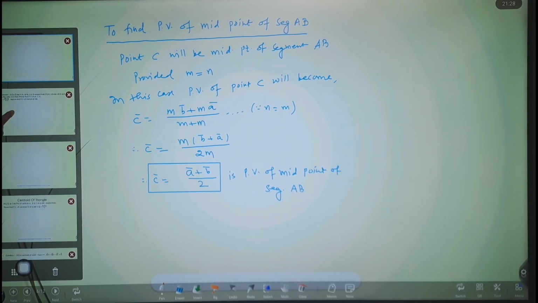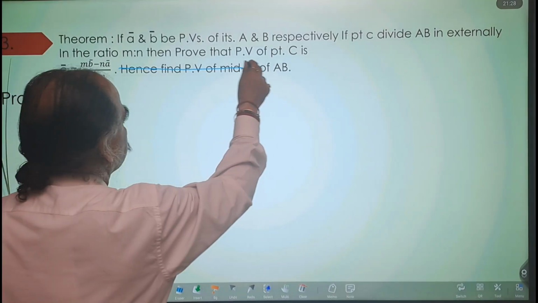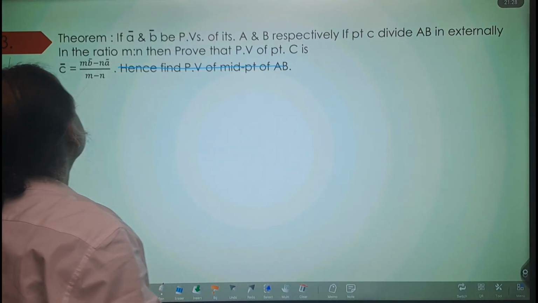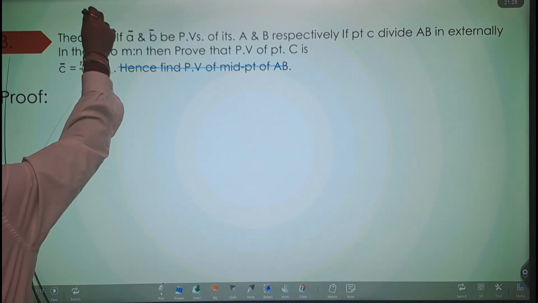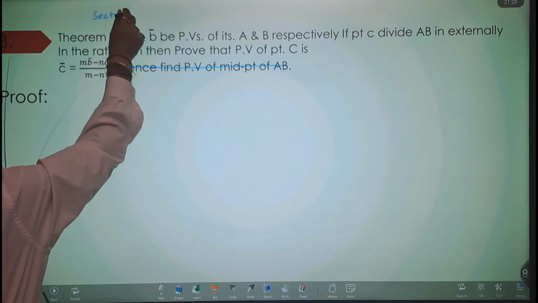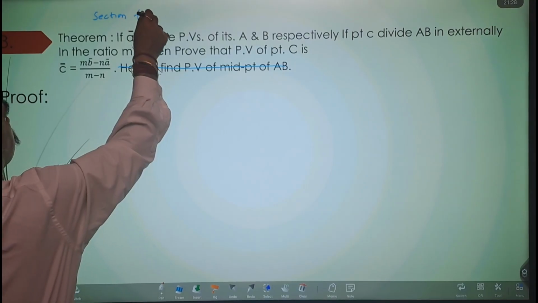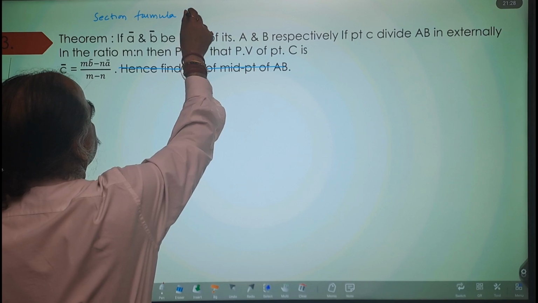Next one is section formula in vector notation for external division. In this case, midpoint will not come.